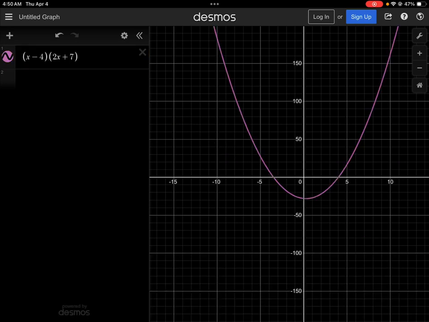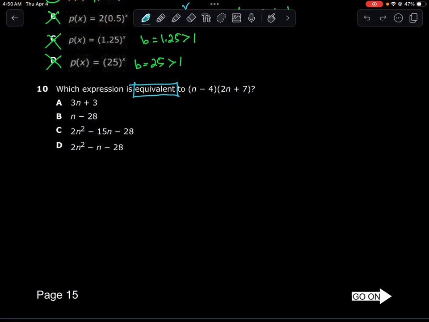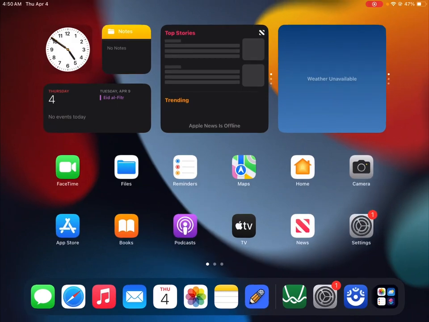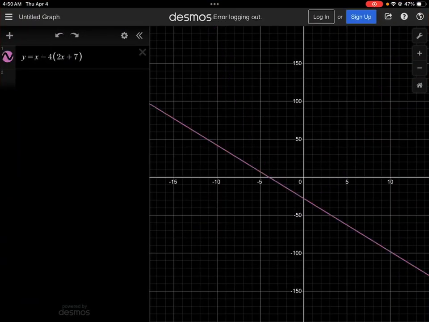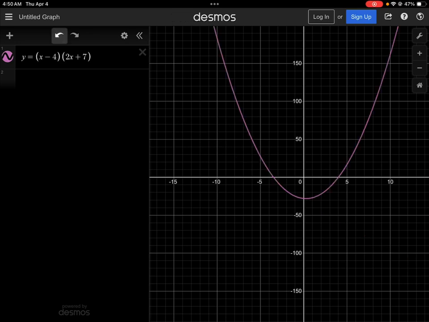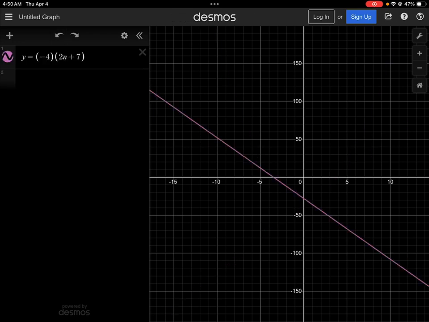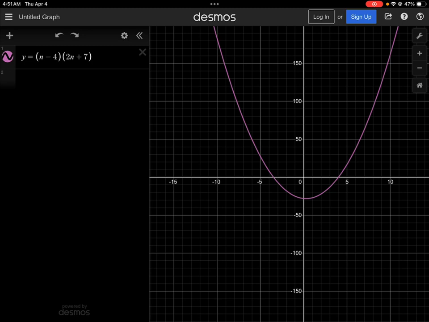But it's not the best idea to change characters, because you may make a careless mistake. So I would leave it as n, and add the y equals.